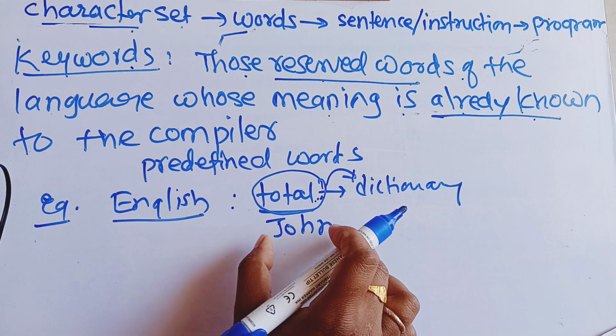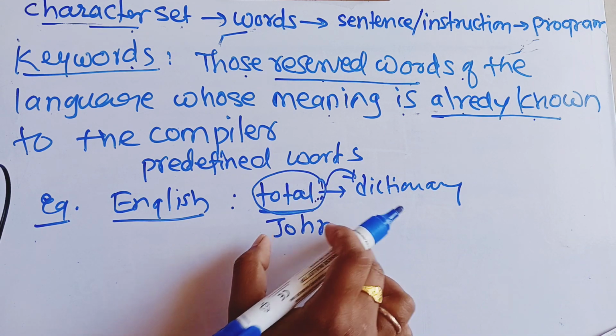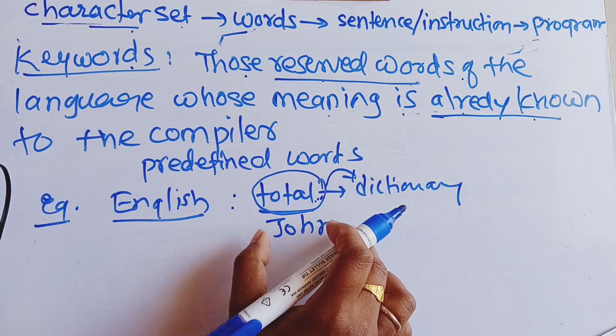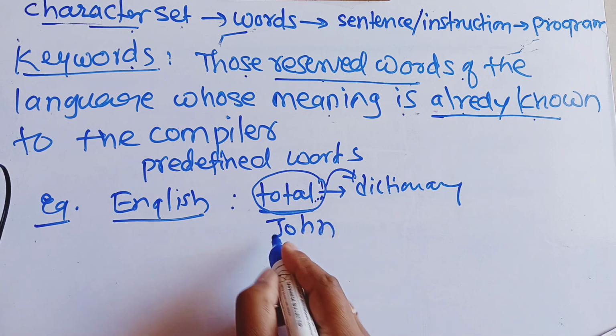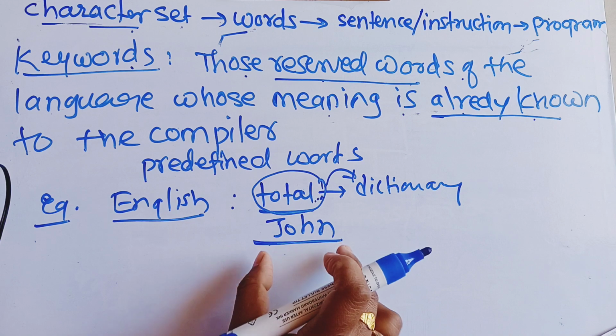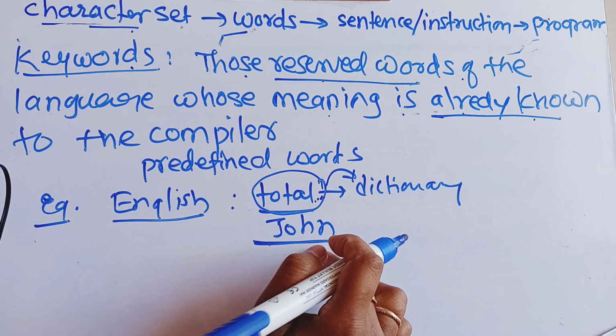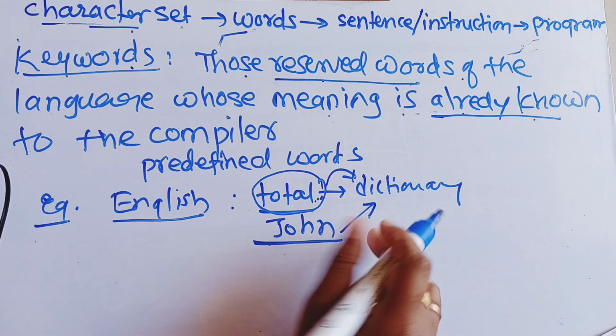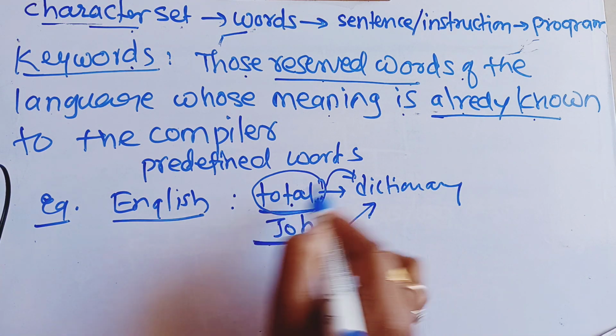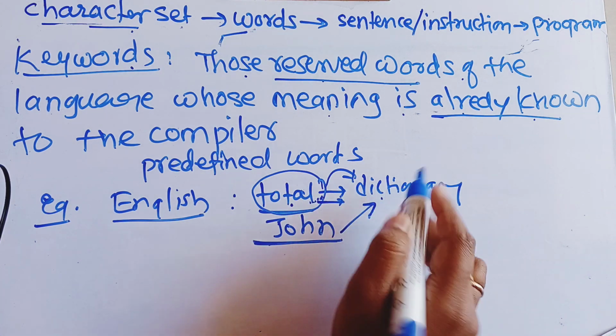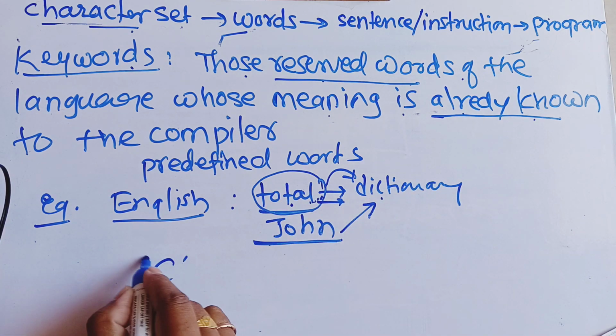We are using it for naming a person. User means we people. We have used it as a name, it is user defined, it doesn't have any meaning in the dictionary. So now you understood keywords means predefined.